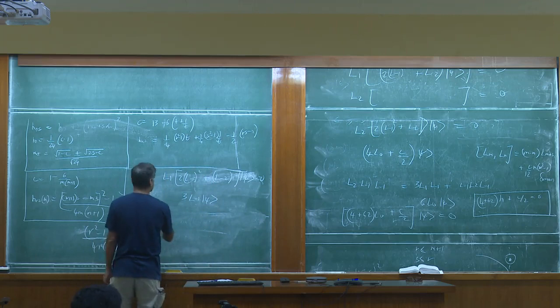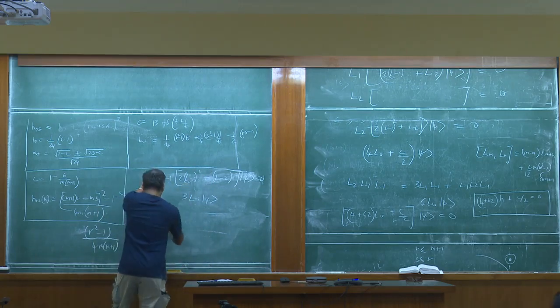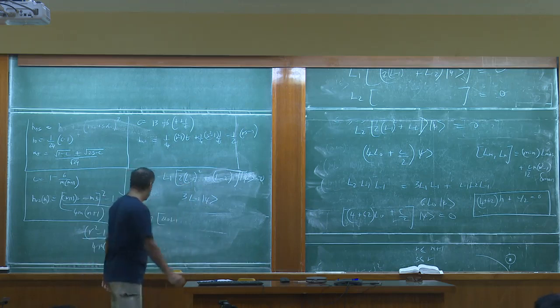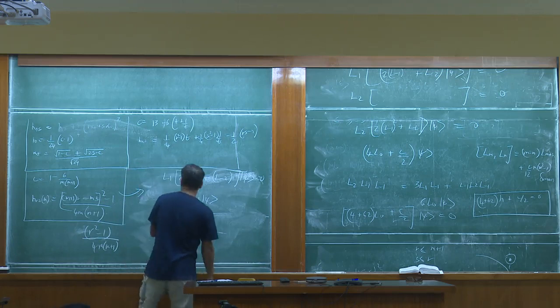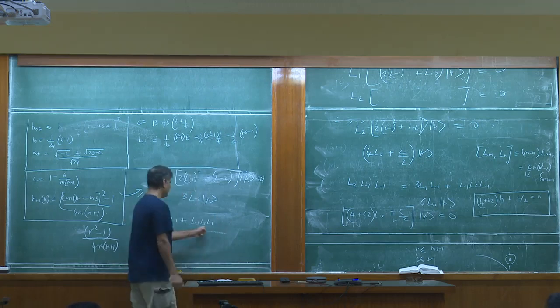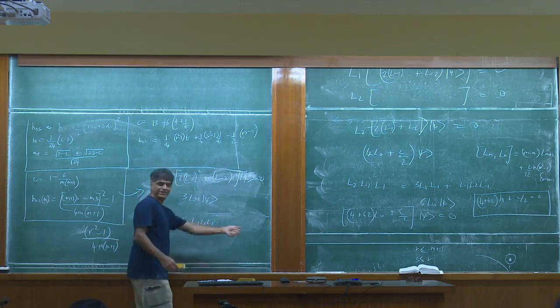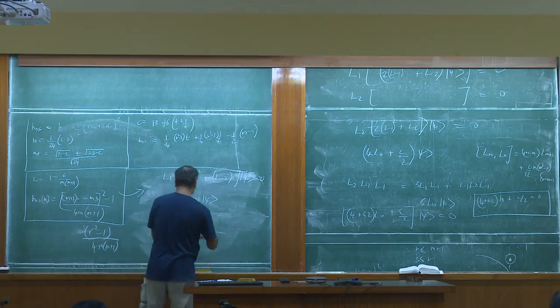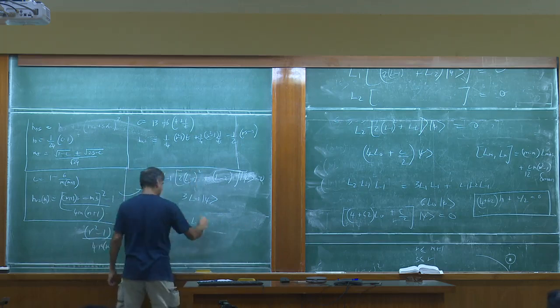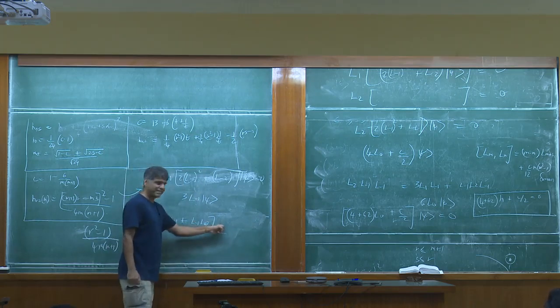This guy is eta. Now first L1 with L minus 1 gives 2L0 L minus 1, plus L minus 1 L1 L minus 1. Now L1 L minus 1 is 2L0, because L1 will hit. So this is 2L0, so 2 eta L0.